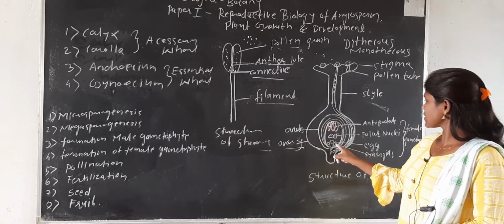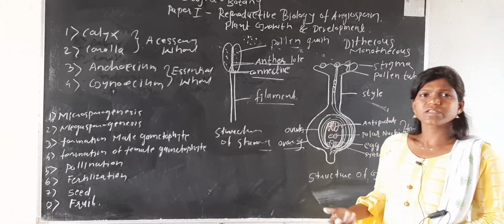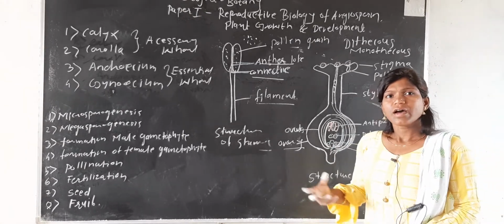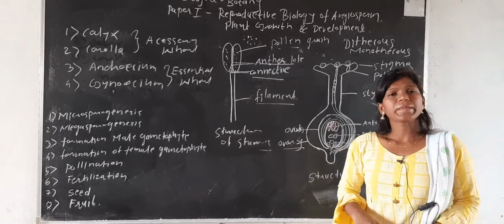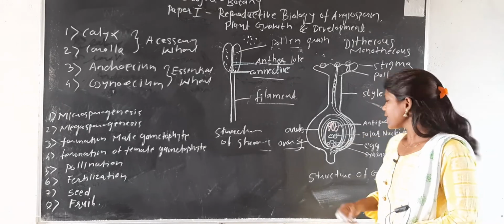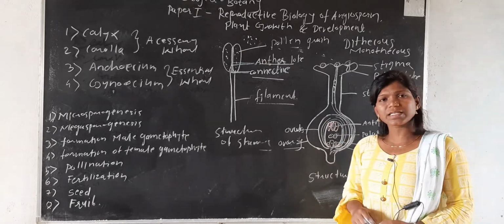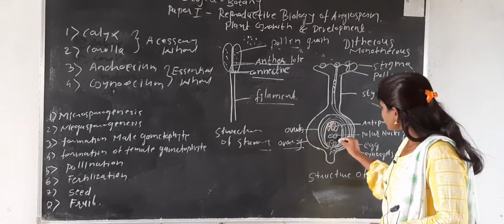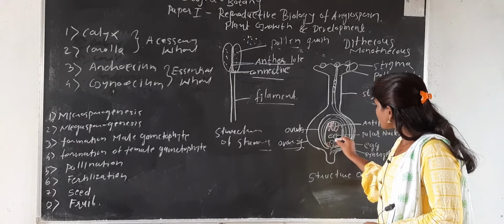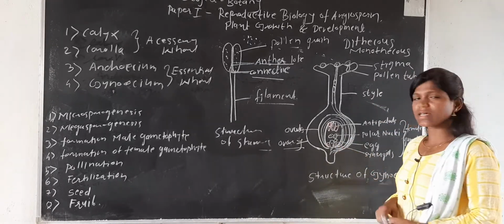So what are synergids? The synergids are the structure which supports sexual reproduction, meaning they attract the male gamete, and after that the male gamete enters through the synergids, they absorb the water from the synergids and they release the male gamete nearer to the egg, which is present in the middle of the synergids.